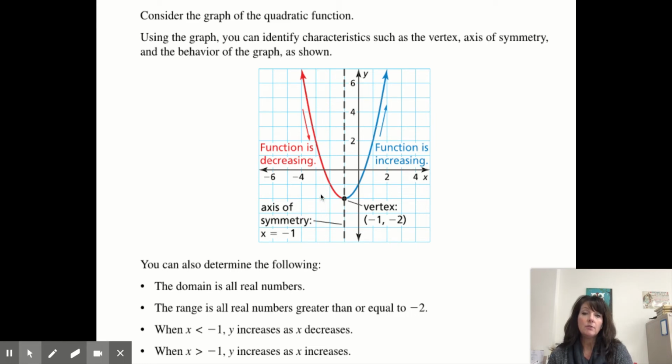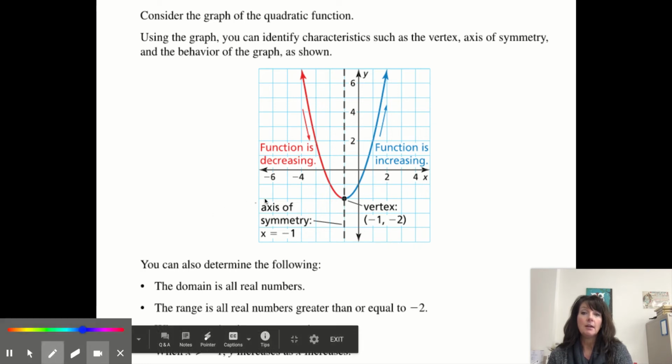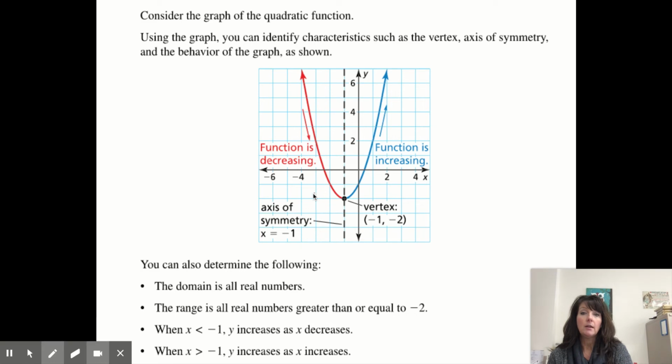To describe the behaviors, x is -1 right here at the axis of symmetry. When x is decreasing, so if I were going from here out like this, then I can see that y is increasing. So they're opposite: when x decreases, y increases.